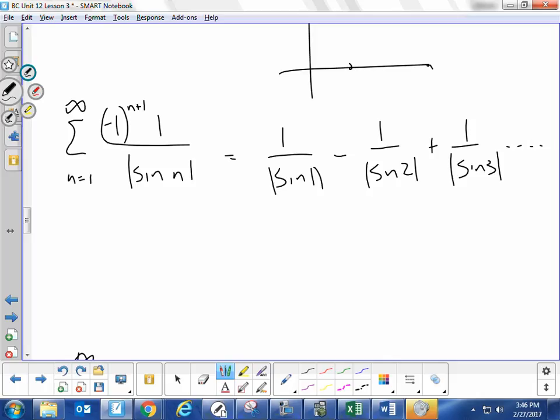It looks like our denominator is getting bigger, right? Sine 3, sine 4, sine 5, that's got to be getting bigger. Our numerator is staying the same, so it looks like we are decreasing in our values, and we're alternating. So logic tells us we must be converging, but I made an error in my statement. What's my error?